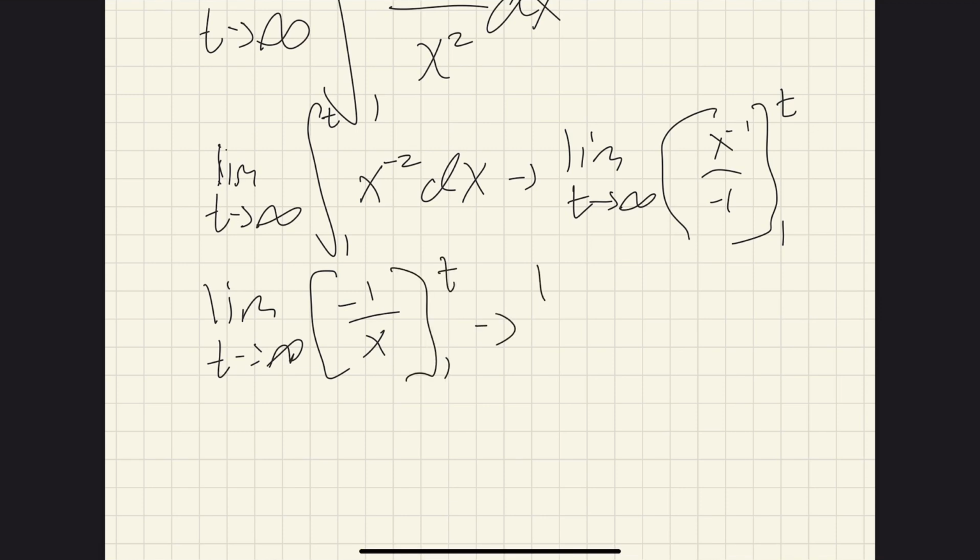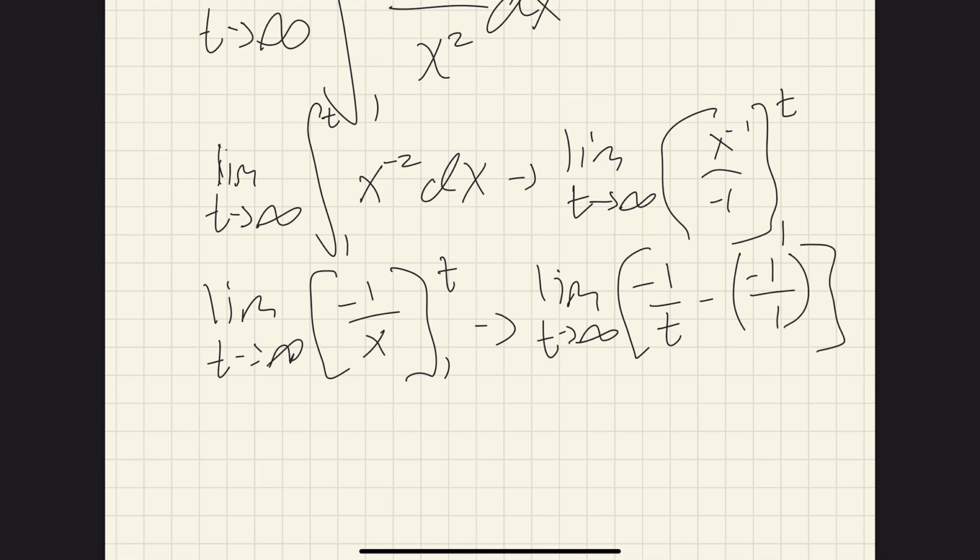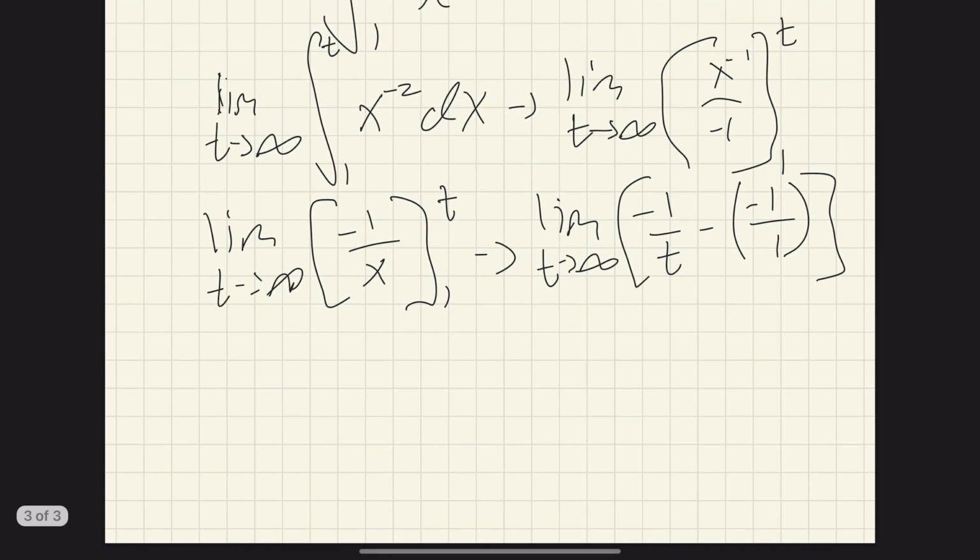And then if we actually evaluate it, we get -1 over plugging in that t, minus -1 over 1. And now, at this stage, once you've evaluated that portion, you've done your integral, all the normal steps.